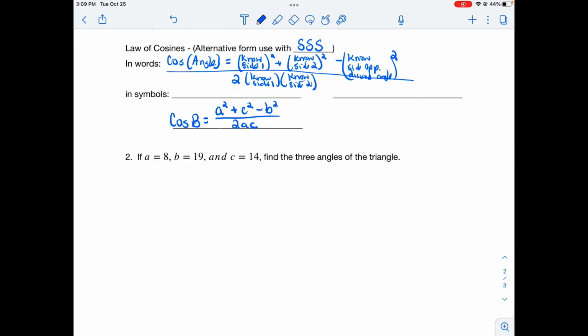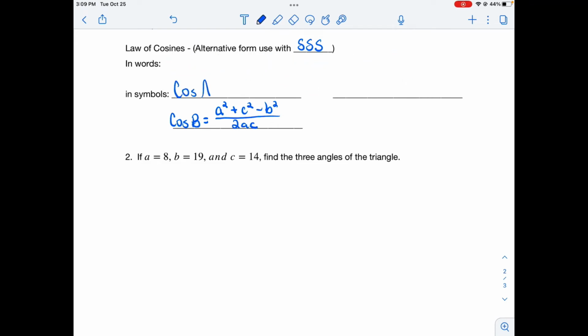If I was looking for angle A, it would be B squared plus C squared minus A squared over 2 times BC. And if I'm looking for angle C, that's going to be A squared plus B squared minus C squared all over 2 times AB.